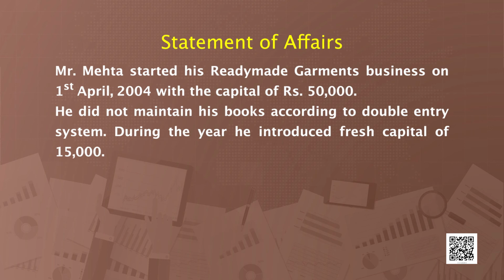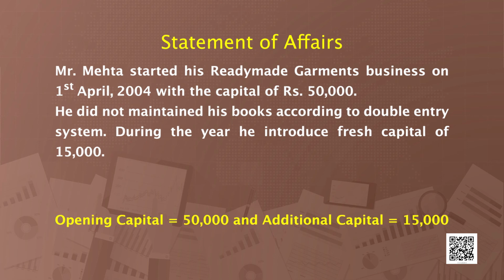He did not maintain his books according to double entry system, and during the year he introduced fresh capital of 15,000. Whenever you get information, you are supposed to note down whatever the question is saying. Mr. Mehta started with 50,000. So, this is opening capital 50,000.